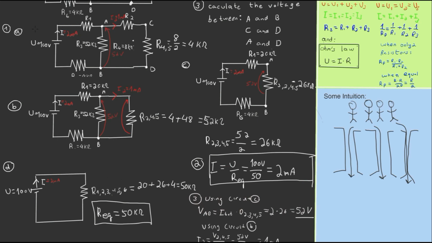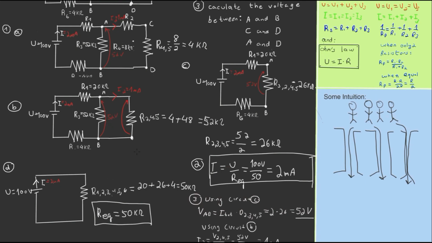We look at circuit A. They're asking us for the voltage between A and D. Is there a circuit in which this stands out more clearly? Well, yes. If you look at circuit B, and I'll write point D here as well.